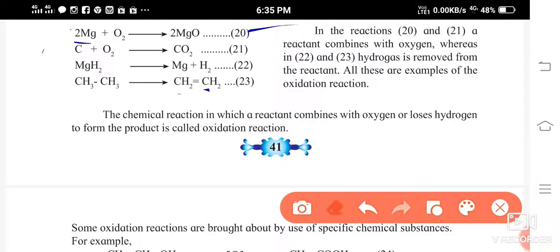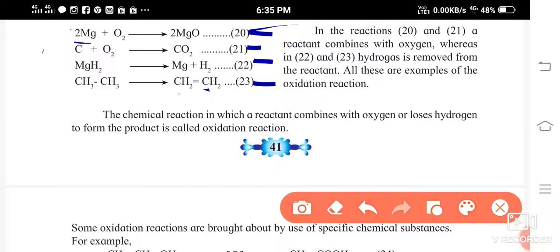In reactions 20 and 21, a reactant combines with oxygen, whereas in 22 and 23, hydrogen is removed from the reactant. So all these are examples of the oxidation reaction.